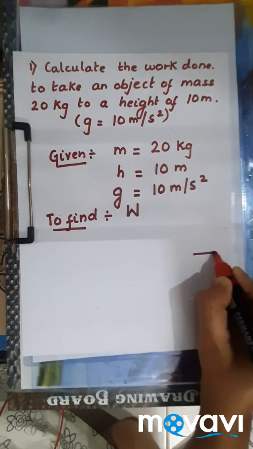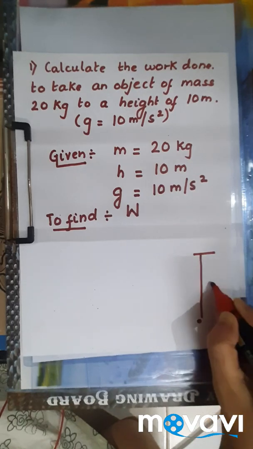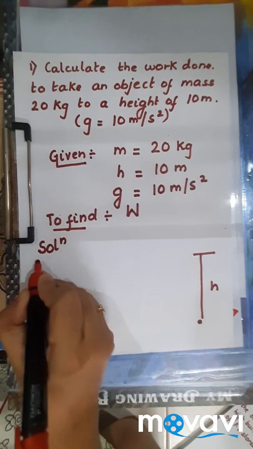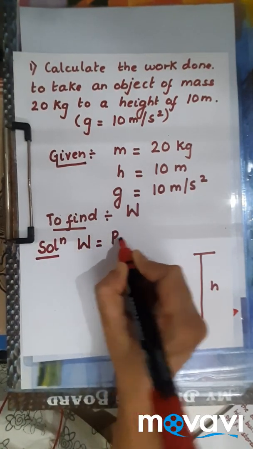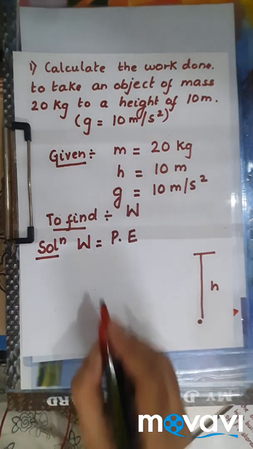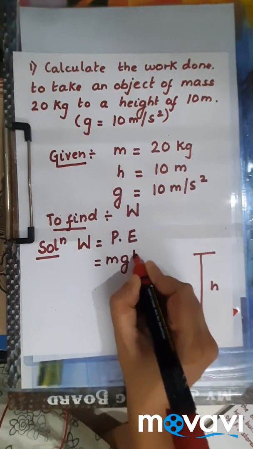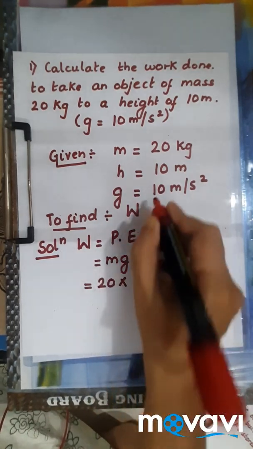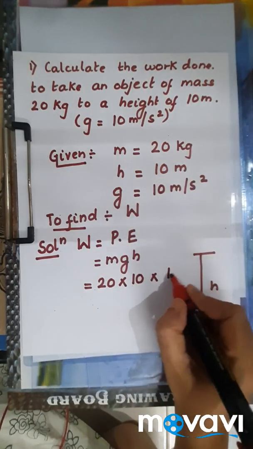Now you're taking an object to a height, therefore I have to find the work done. So since the object from the ground is lifted to a height h, the work done is equal to the potential energy of the body, which is equal to mgh. Now my mass is 20 kg, g is 10 and height is 10 meter.